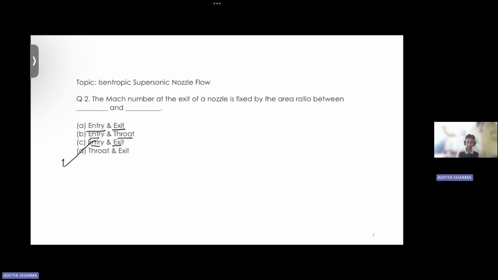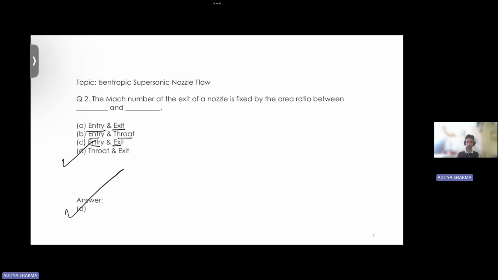But if you see option number 4, throat and exit, we have in a single option. So if you see its answer, the answer is also D. So this was question number 2.